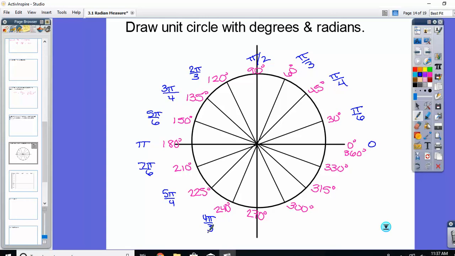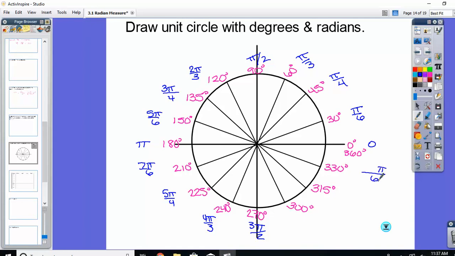What do you think 270 will be? 3 pi over 2. Okay. Let's look at the fourth quadrant. So 330, at the very least, we know it's going to be something pi over 6, right? So reference angle of 30.